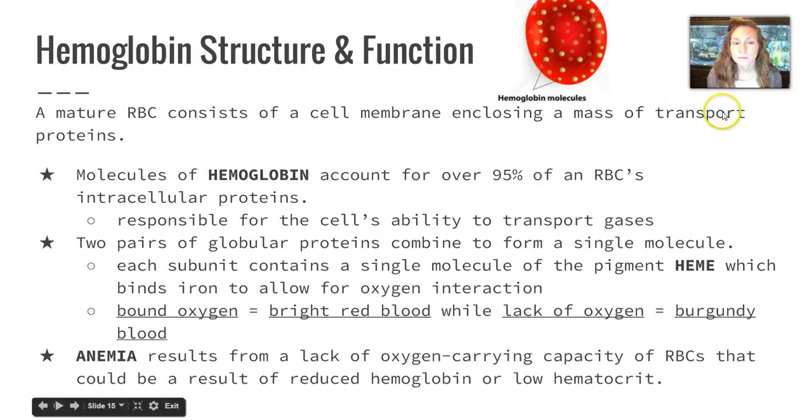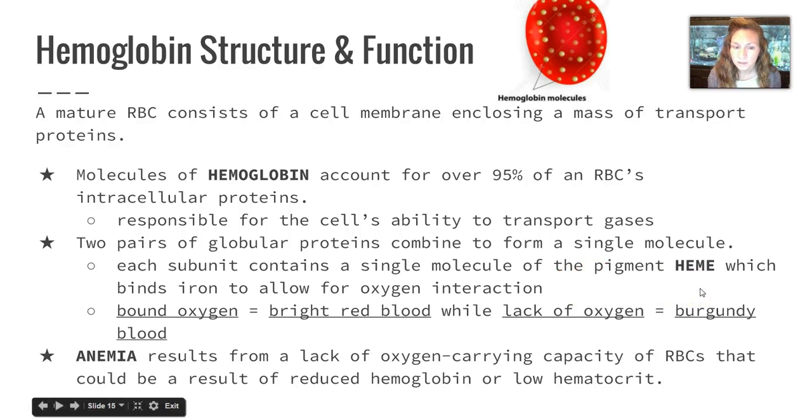Now, a mature RBC consists of a cell membrane enclosing a mass of transport proteins, and a molecule called hemoglobin accounts for over 95% of an RBC's intracellular proteins. So they're very important for the red blood cell. They're responsible for the cell's ability to transport gases. There are two pairs of globular proteins that combine to form a single molecule of hemoglobin.